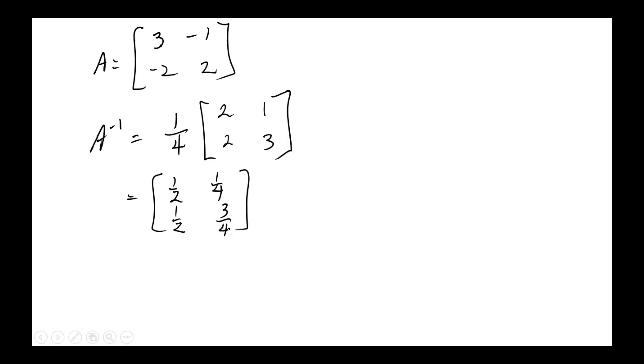Frankly, I don't like doing that. Let's just leave it the way it was. Since I've got it written this way, I'm just going to multiply this by our A, because it should work either way, right? 3, -1, -2, 2.